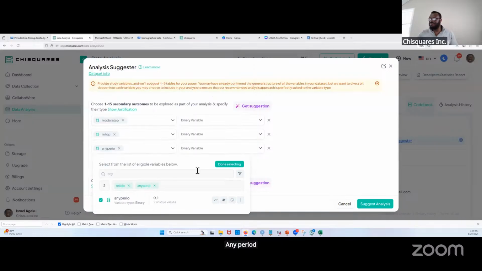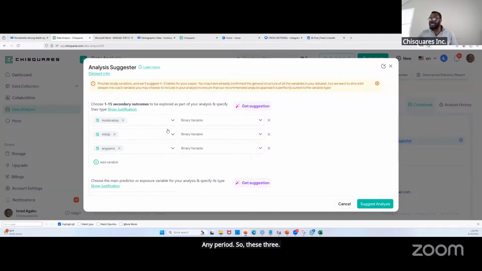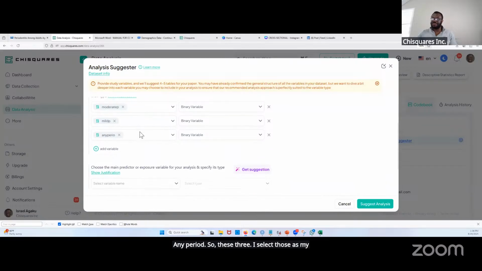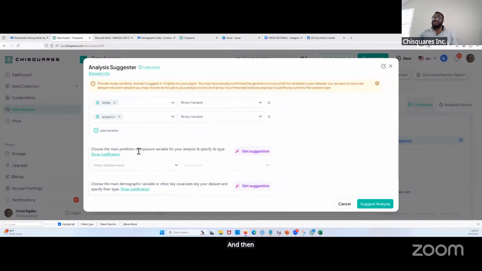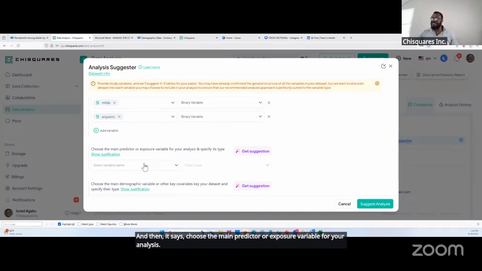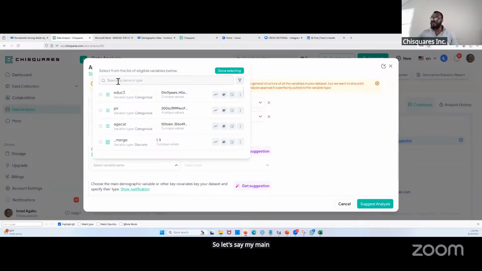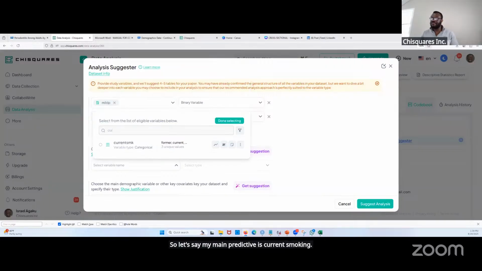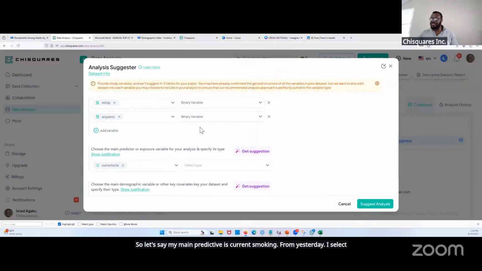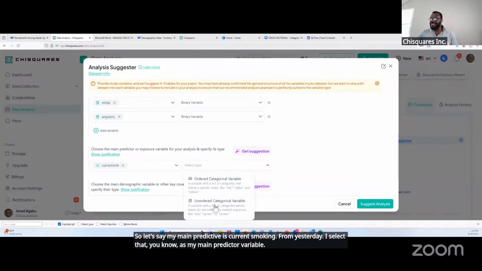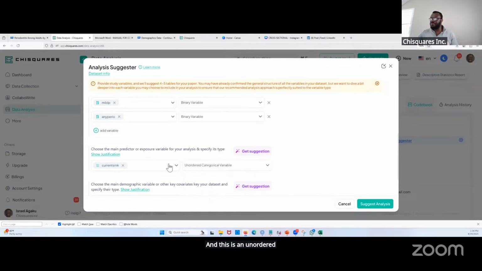So these 3, I select those as my secondary outcomes. And then it says choose the main predictor or exposure variable for your analysis. So let's say my main predictor is current smoking from yesterday. I select that as my main predictor variable, and this is an unordered categorical variable.